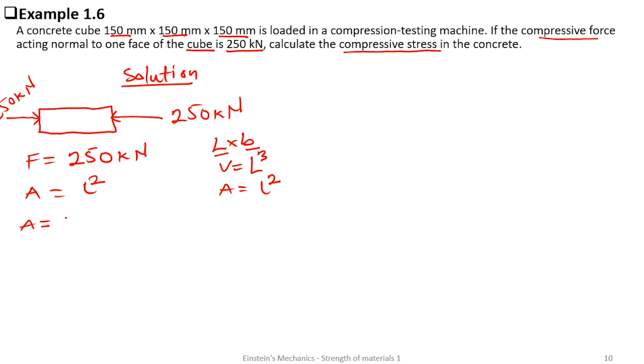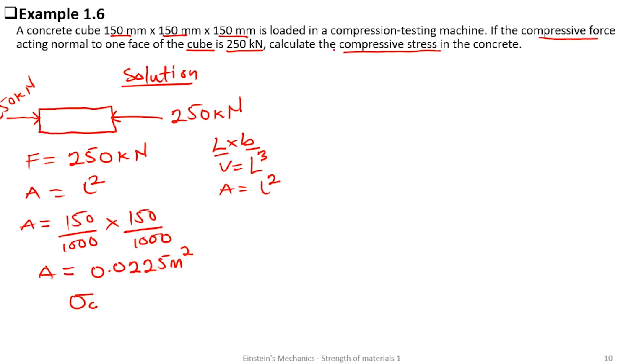So the area is 150 over 1000 multiplied by another 150 over 1000, and I'm getting the area to be 0.0225 meters squared.